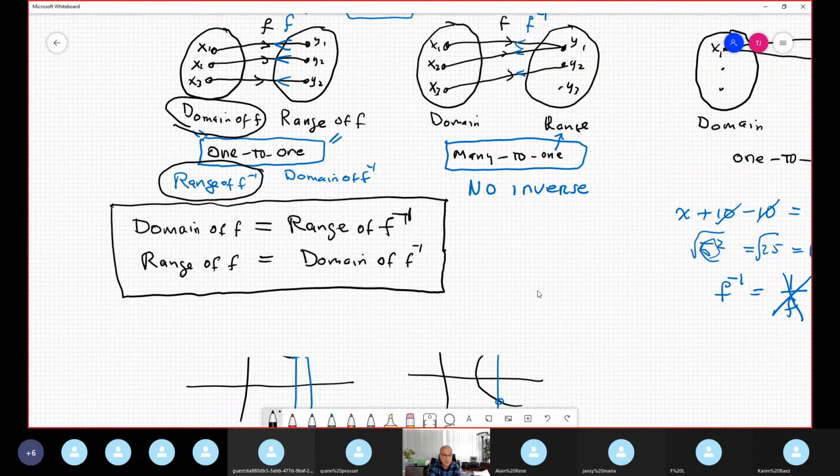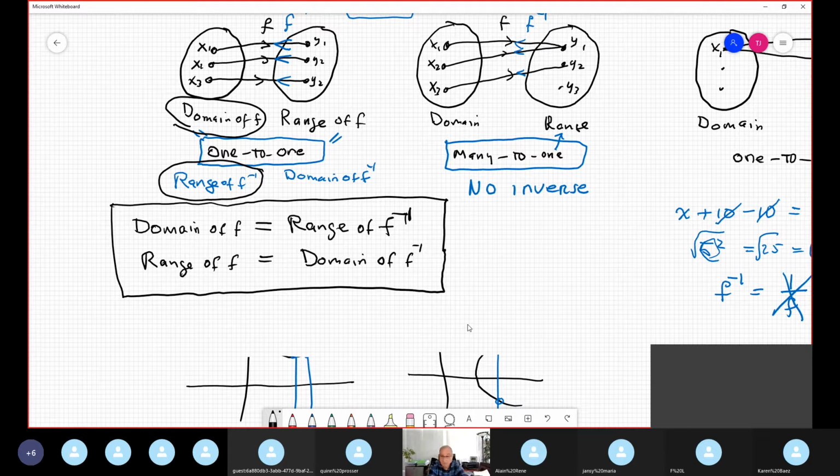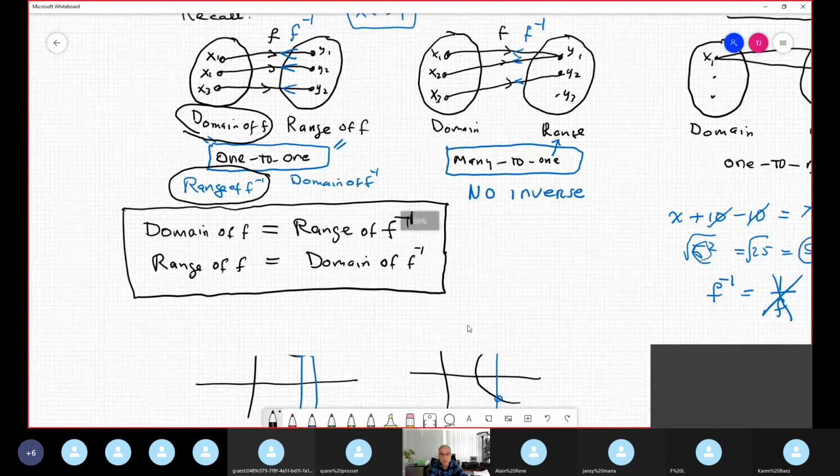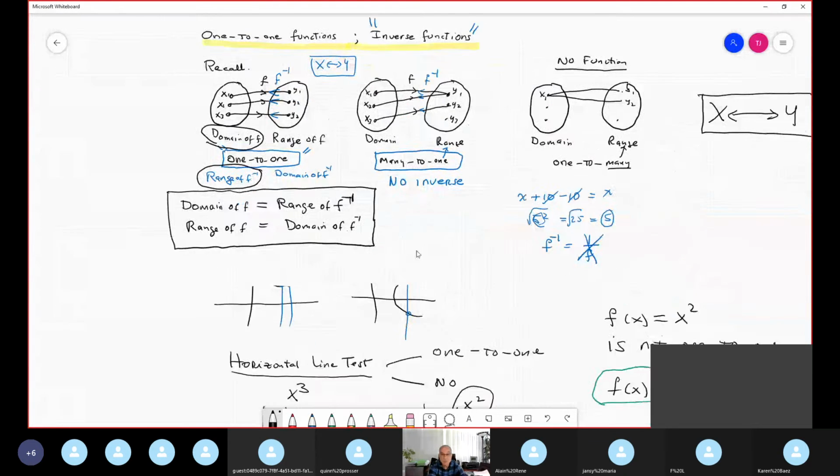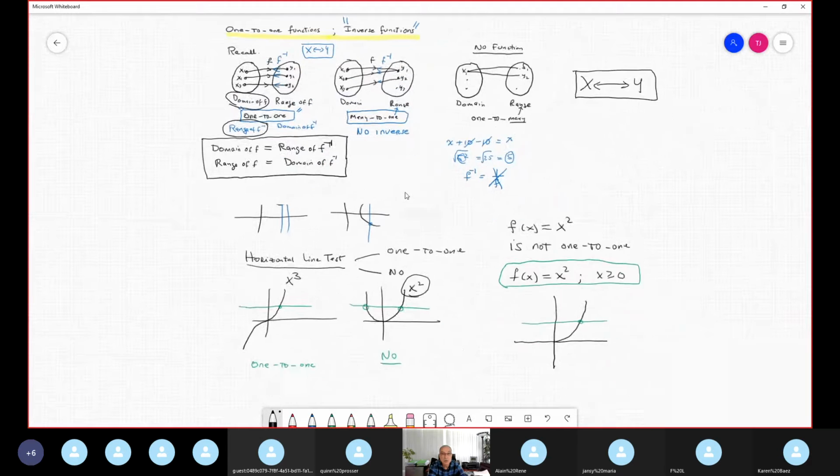Please copy this idea because it's important. The statement inside the box is important, and we are using it now in the example. Okay. Zoom out. Boom.